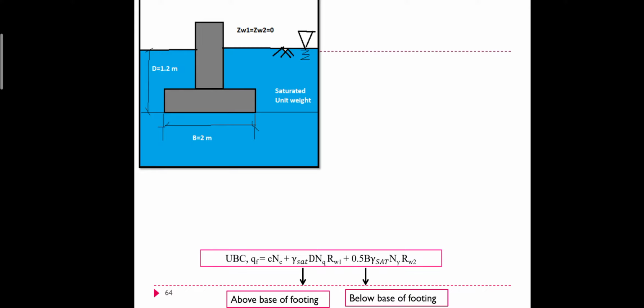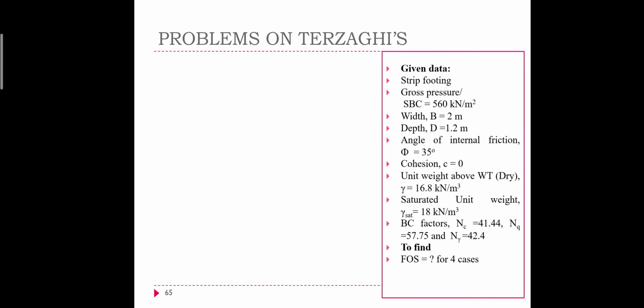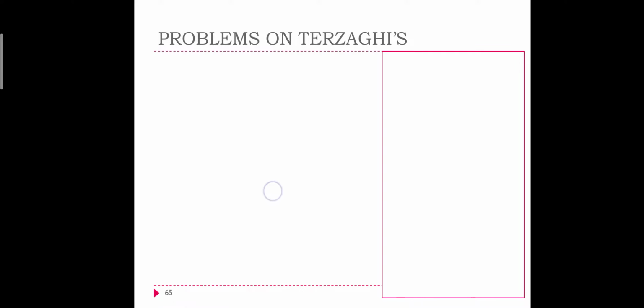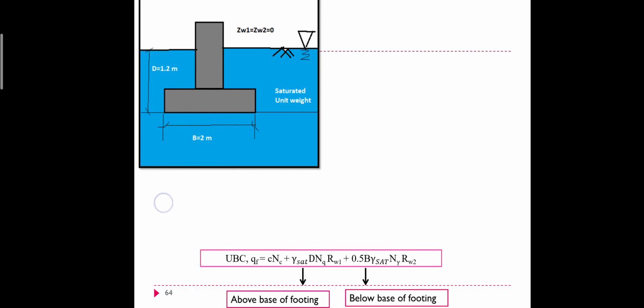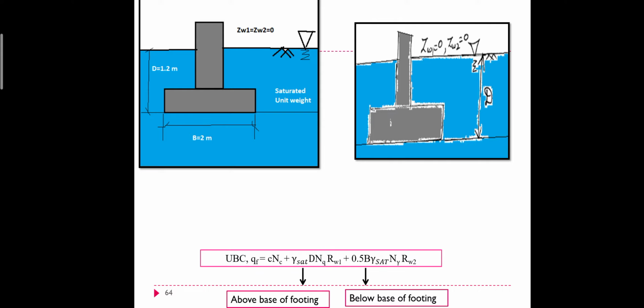So you have to find RW1 and RW2. In this case RW1 will always be 0.5 and RW2 will be 0.5. That was the case we saw last, similar to the last case in the concepts explanation.